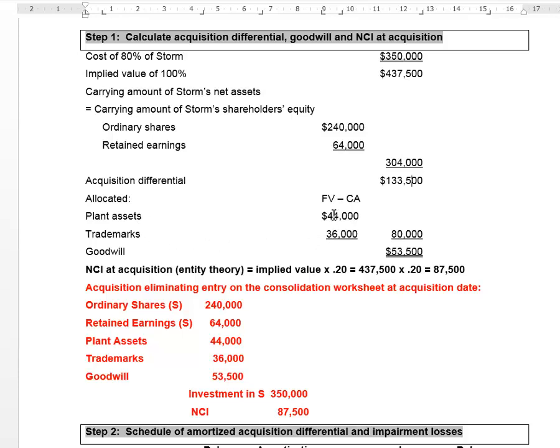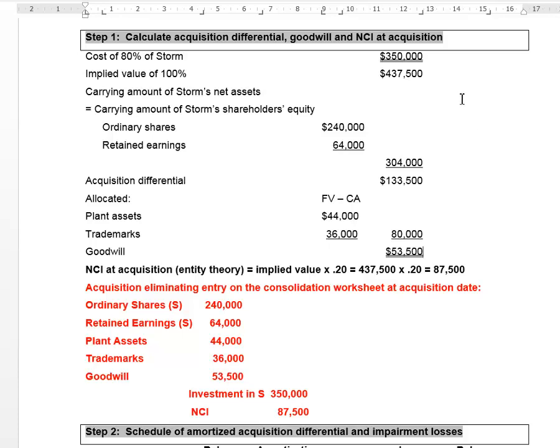We know that the plant assets had a fair value in excess of carrying value of $44,000, and trademarks were something that Storm, the sub, had valued at $0. Palm, the parent, thought they were valued at $36,000, so there's a $36,000 increment. So in total, you were able to allocate $80,000 of that $133,500. What we couldn't allocate of the acquisition differential is now goodwill.